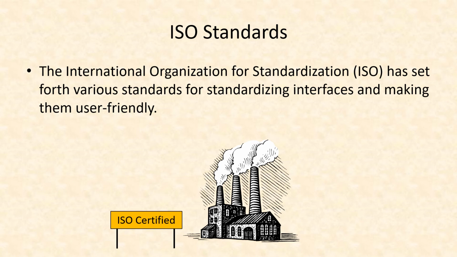An organization called ISO, which is the International Organization for Standardization that's used in corporations, has set forth different standards for standardizing interfaces and making them more user-friendly. Let's briefly take a look through their lens at good interface design.